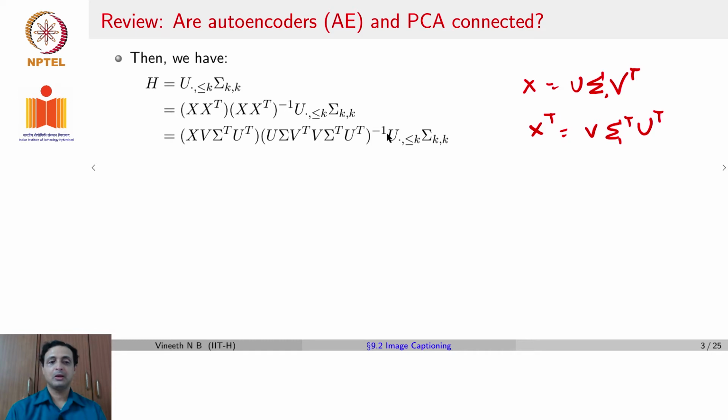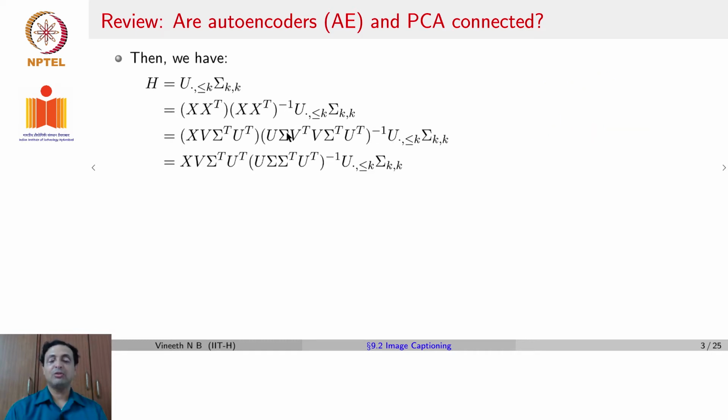Now by looking at this, you can make out that, from the definition of SVD, V transpose V would be identity, because in SVD V is an orthonormal matrix, an orthogonal matrix, where V transpose will be the same as V inverse.